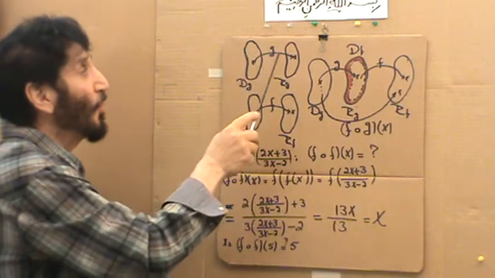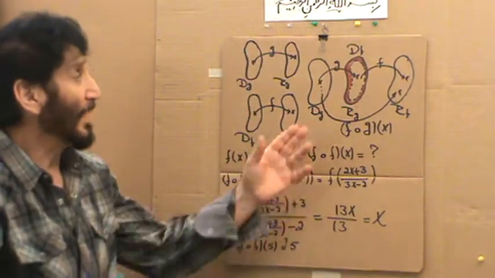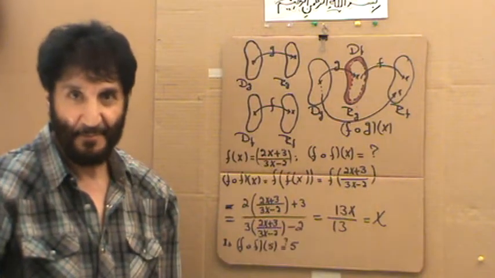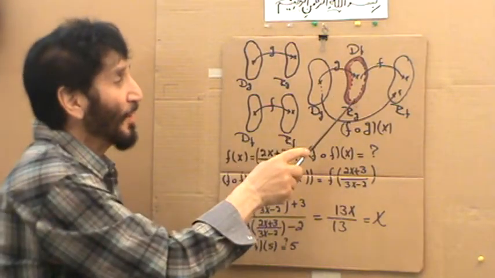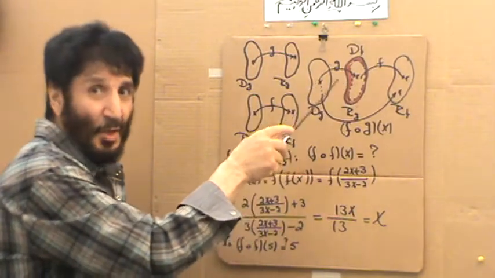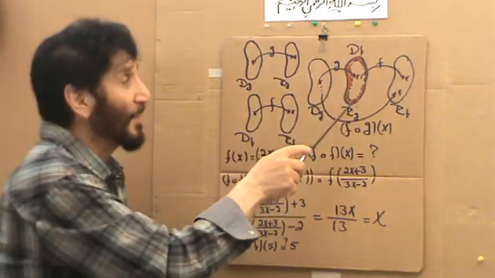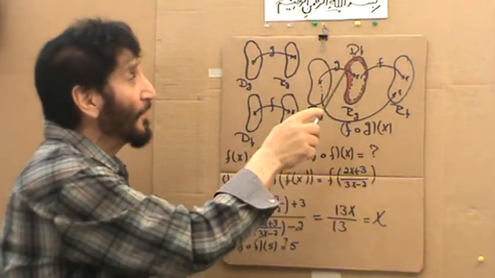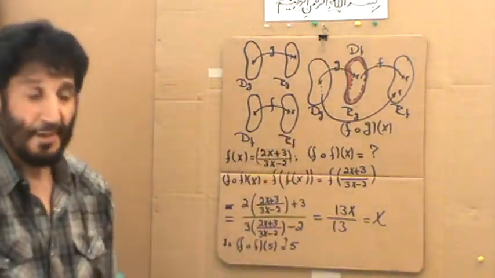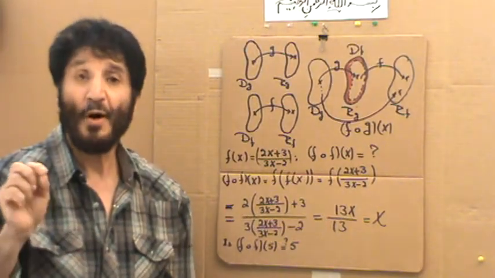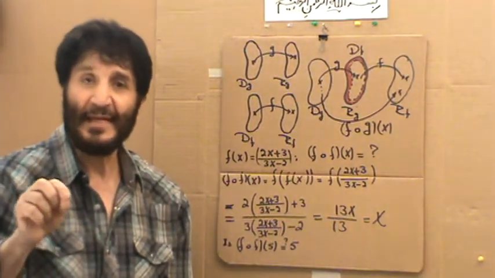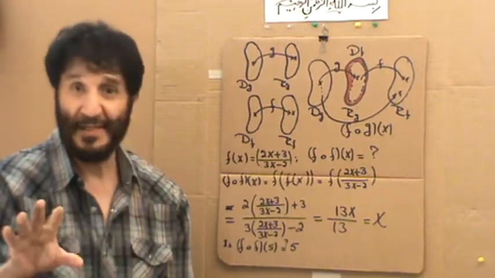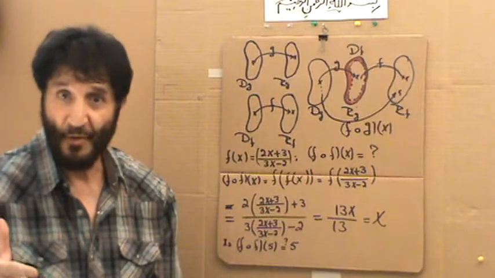What about if the range of g is going to be a proper subset of the domain of f? So I have drawn that one, so that means it is a subset of f's domain, but a proper subset, so it doesn't cover the entire domain of f. Those that are not covered, I put in red color. But a function must eat every element in its domain. So nothing should be left in the domain when we are talking about a function.